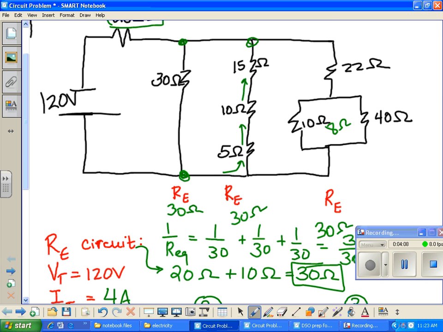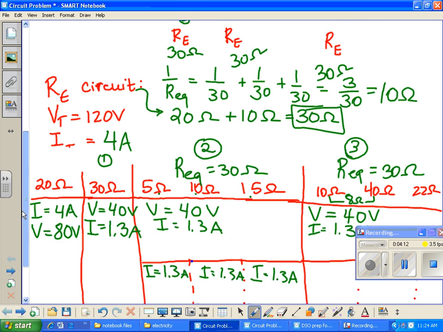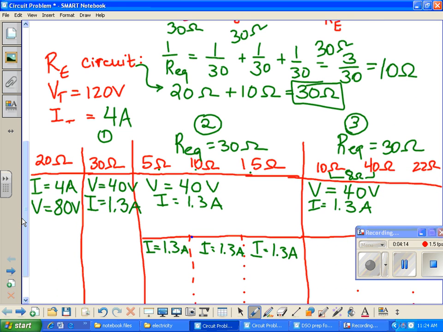Now you can use Ohm's law for each one of those and figure out how much voltage I will spend at each of those particular locations. V equals I times R. So for this 10 ohm resistor, my voltage should equal 13 volts. So the top one's the total? The top box here, these are all totals for the whole line.